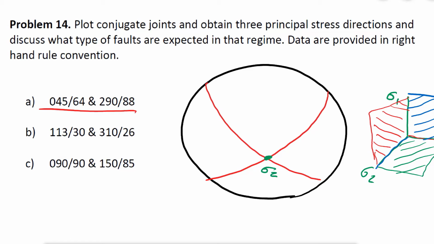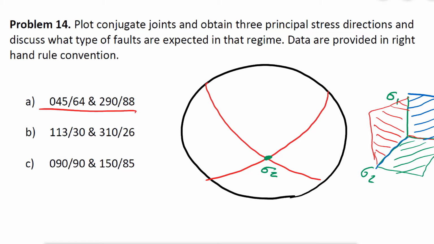Which means we have this dot here, and we can draw the profile plane of sigma 2. That's going to be the plane of sigma 1 and sigma 3, or in other words, sigma 1 and sigma 3 are going to be plotted along that plane.